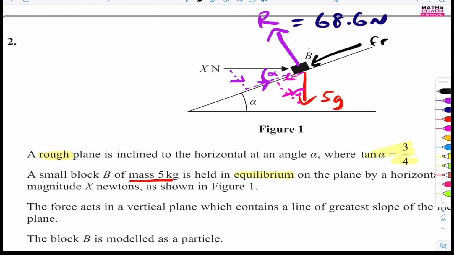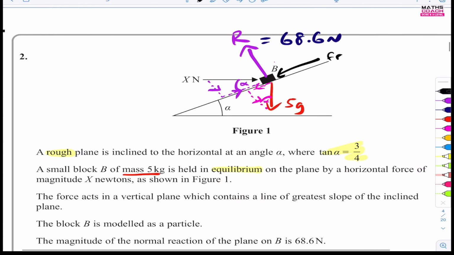Now I said we're going to look at the tan alpha thing. So if we look at the tan alpha, that requires us to just quickly draw a diagram, and tan is opposite over adjacent. So opposite side is going to be 3 and adjacent is going to be 4. So to work this side out using Pythagoras' theorem, we should know the Pythagorean triples, but that's going to be 5.